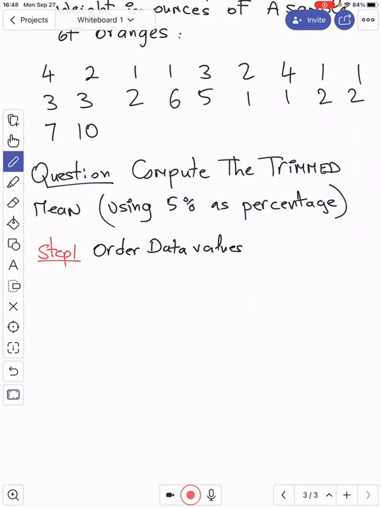The smallest number here would be a 1, and we have 6 ones: 1, 2, 3, 4, 5, 6.